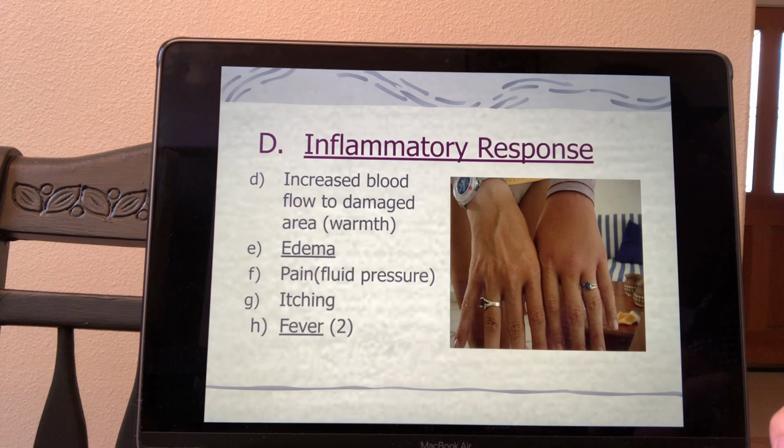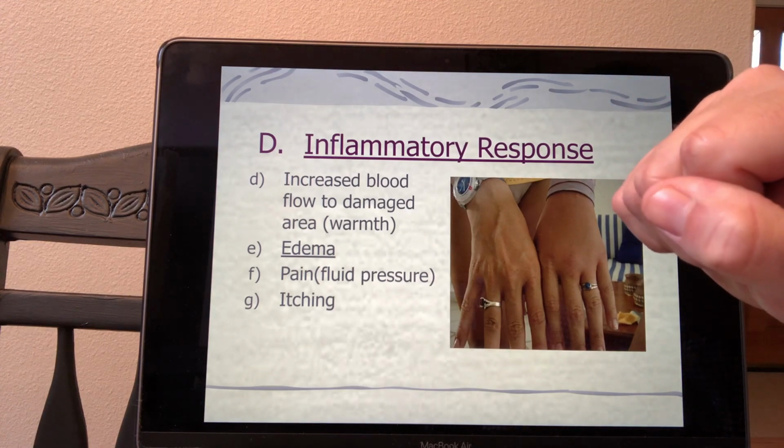Okay? And before I get to letter H, fever, I'm going to back up. The best thing to do if you ever have an injury like this, where the inflammatory response has kicked in, is to ice that area. Icing is not going to cause vasodilation. Instead, icing causes vasoconstriction, causes the blood vessels to get really, really small.